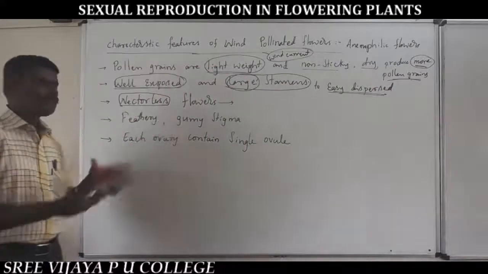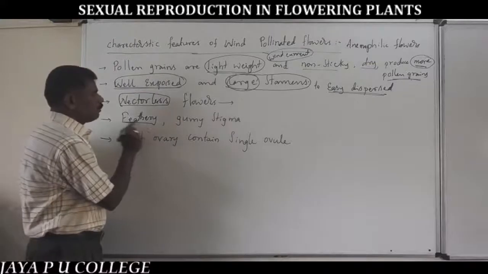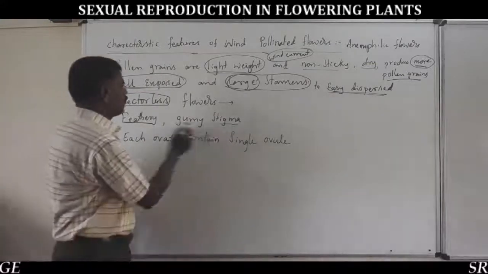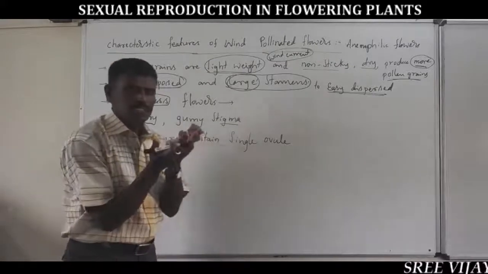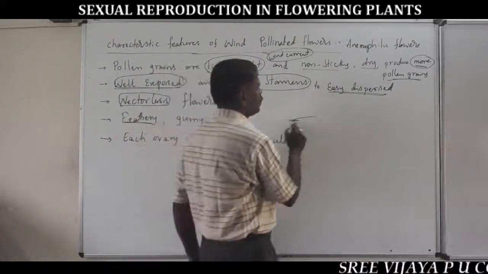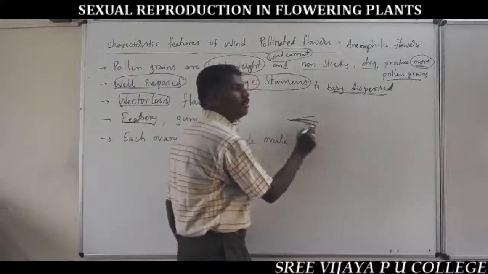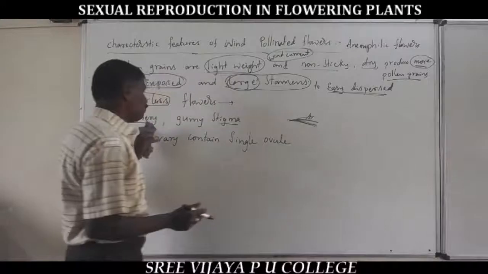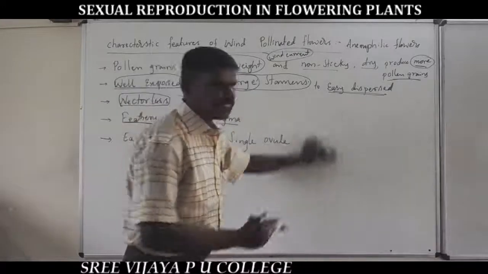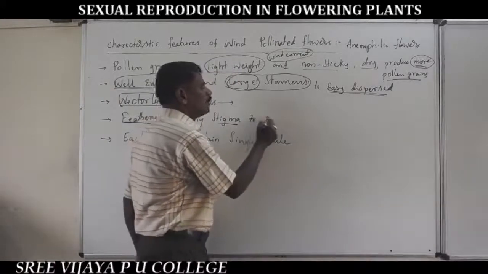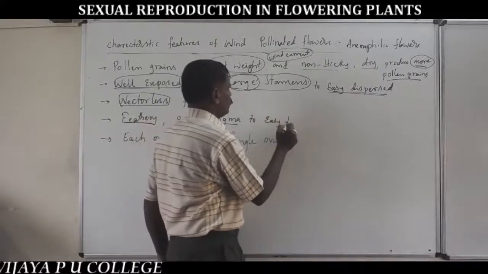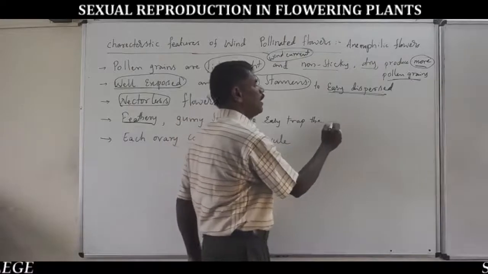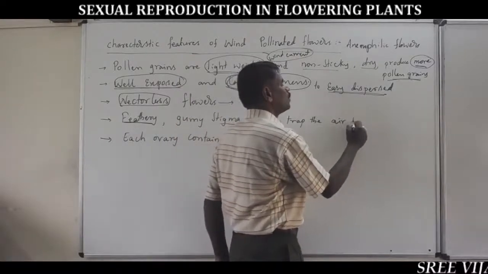The stigma is feathery. Why does the feathery stigma exist? To easily trap the airborne pollen grains.